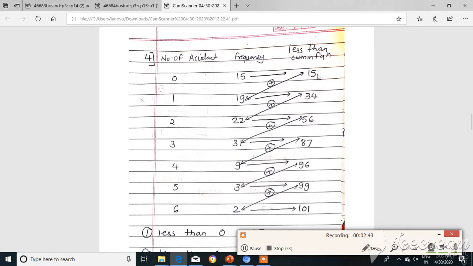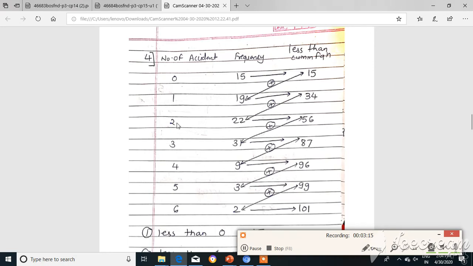Next is 1, and 1's corresponding frequency is 19. But what I want is the cumulative frequency, the number of accidents less than or equal to 1. This consists of 0 as well as 1. So I considered 15 plus 19, which gives me 34.